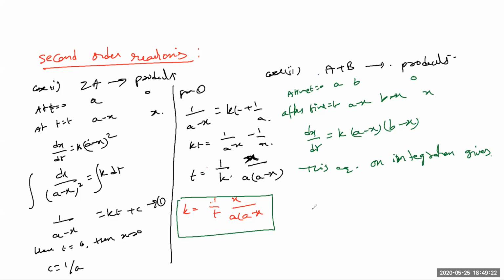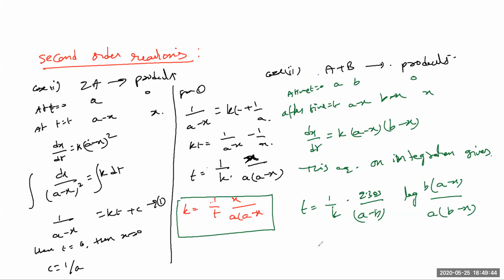t is equal to 1 by k into 2.303 by a minus b into log of b into a minus x by a into b minus x. This is the integrated equation.